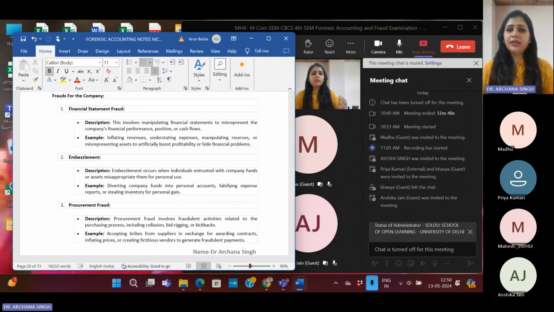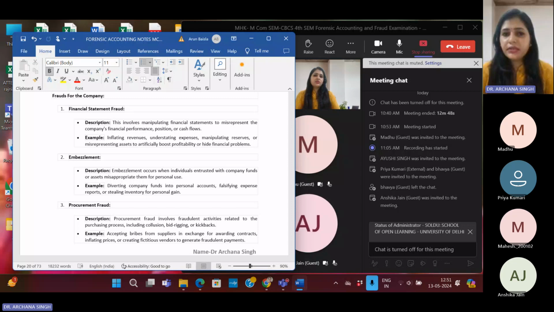So while describing the financial statements, they are manipulating those records. For example, inflating the revenues, increasing the expenses, manipulating the reserves, misrepresenting the assets to artificially boost profitability and hide financial performance related problems.